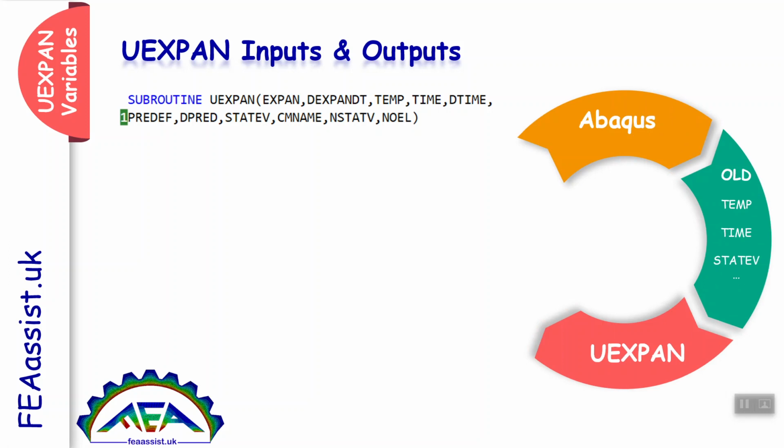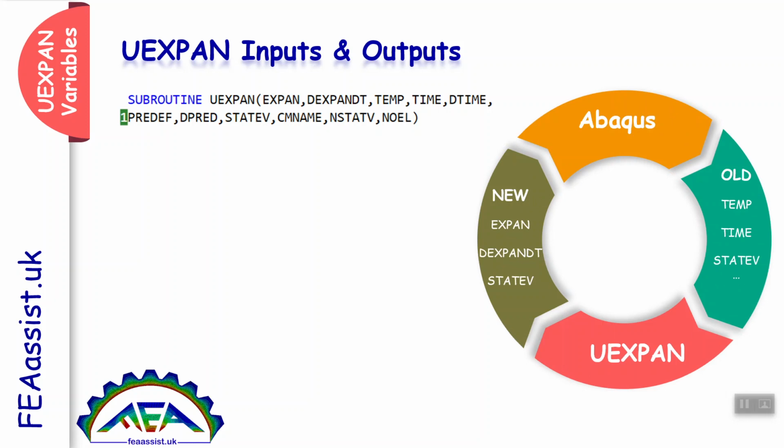We need to use these variables in the U-expand subroutine and define the expansion coefficient, and the derivative of the expansion coefficient with respect to time, to temperature, and state variables, and return these variables to Abaqus. Again, Abaqus uses these variables to recompute temperature, time, state variables. This is how U-expand and Abaqus interact with each other, which is necessary to understand well to write a good U-expand subroutine. For example, one of these variables, expand.